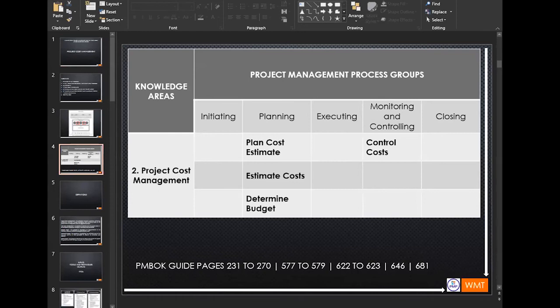Those are the 3 cost related processes under the planning domain. Then the 4th one is nasa monitoring and control, yung control costs na diniscuss dito ni Sir William. Similarly, dun sa schedule, kapag monitoring and control na tayo, we control schedule because we are the project managers.